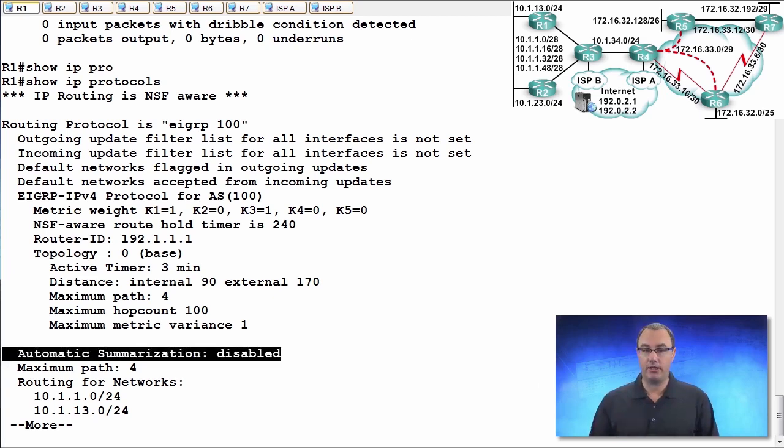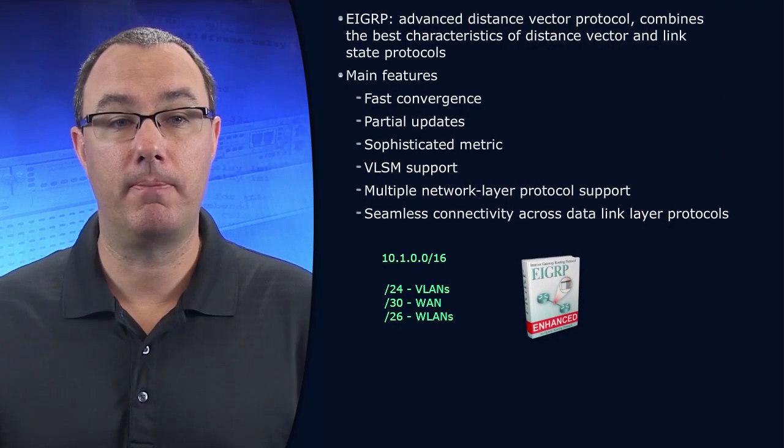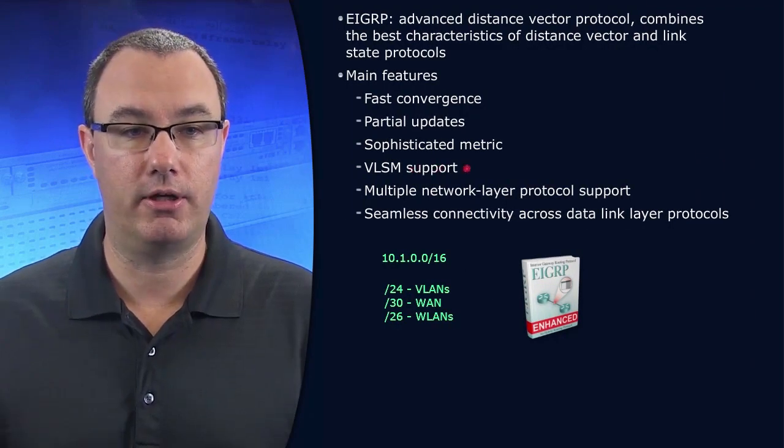That means I can do VLSM support, and I have full capabilities of running as a classless routing protocol, and I'm okay. RIP v1 doesn't support VLSM. Why? Because it doesn't advertise the mask. In any case, EIGRP is classless, so we're good to go on VLSM support.